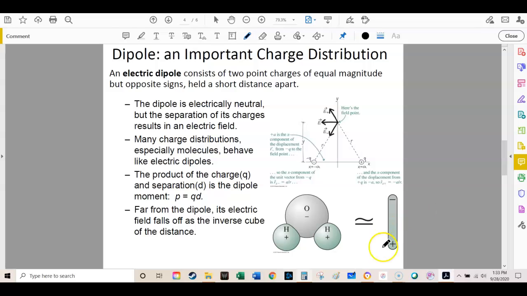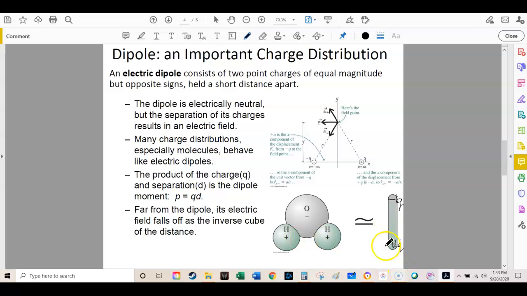It's got a negative on top and 2 positives on the bottom. So you could just call that a positive 2Q here, and then a negative 1Q up here, right? So you would just call the bottom a 2Q magnitude.